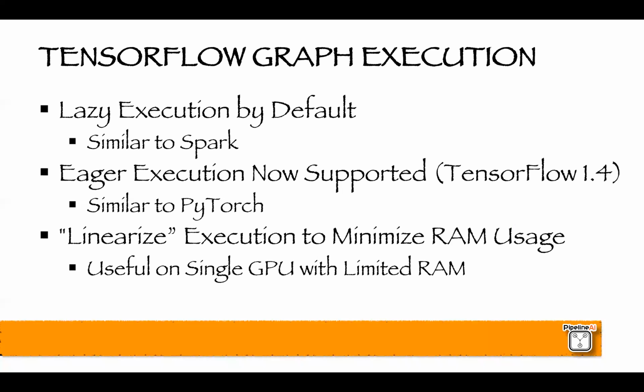This is pretty advanced stuff, but by default, TensorFlow assumes that you have 15, 16 workers spread across a cluster, using distributed TensorFlow, with tons of memory in GPU. That's not always the case.